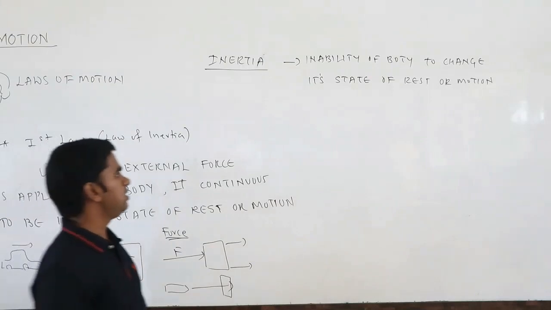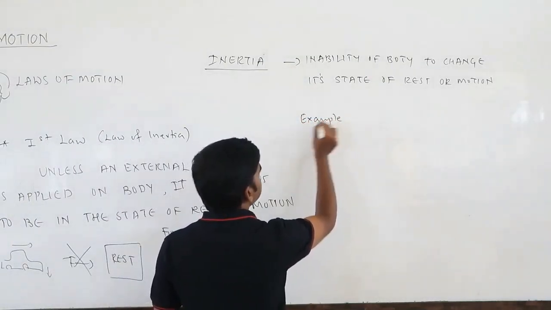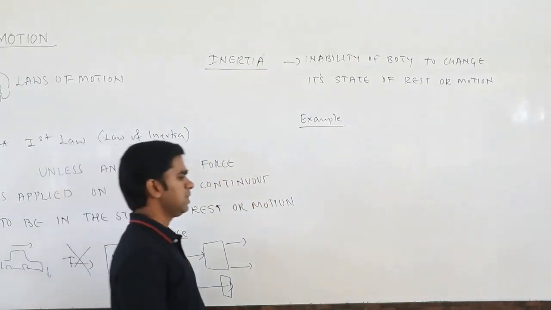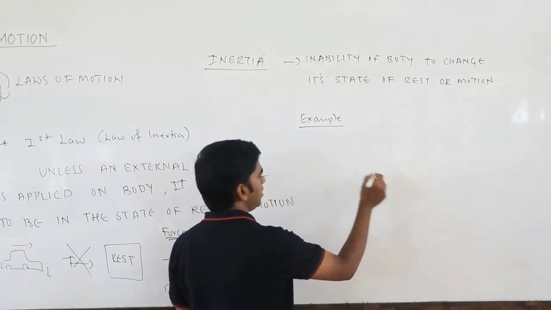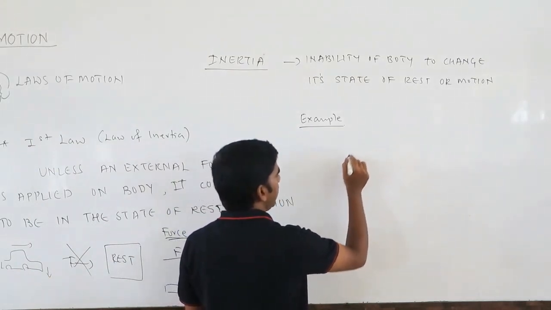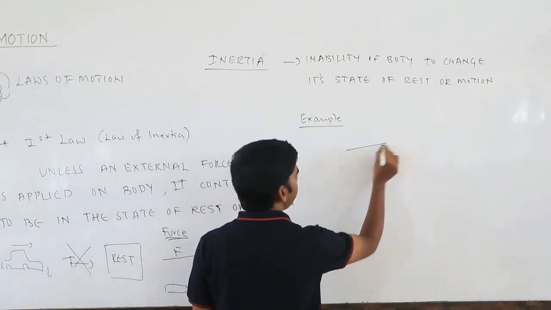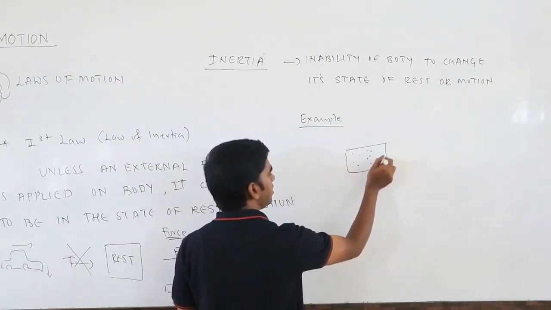Now let us see some examples. Suppose you are having a mat, usually put at the door or somewhere, and that mat has got very dusty. So what will you do?